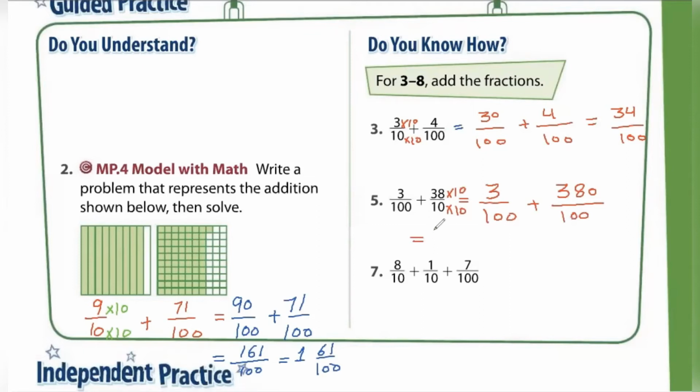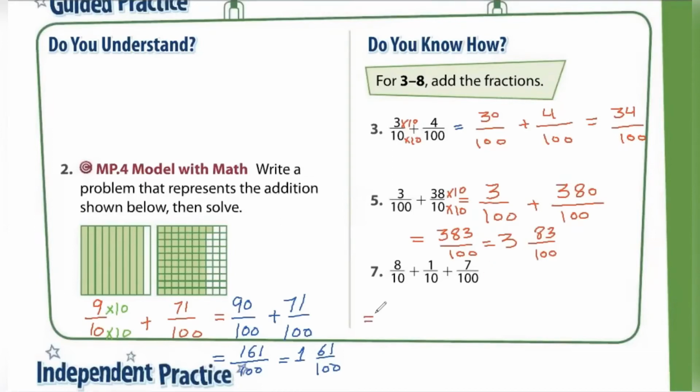Now I will add 3 plus 380, it will be 383 out of 100. To convert this improper fraction into a mixed number, look at the 100 place. We have 300. Keep it here as a whole part, and the tens and the ones go in the numerator over the denominator as they are.